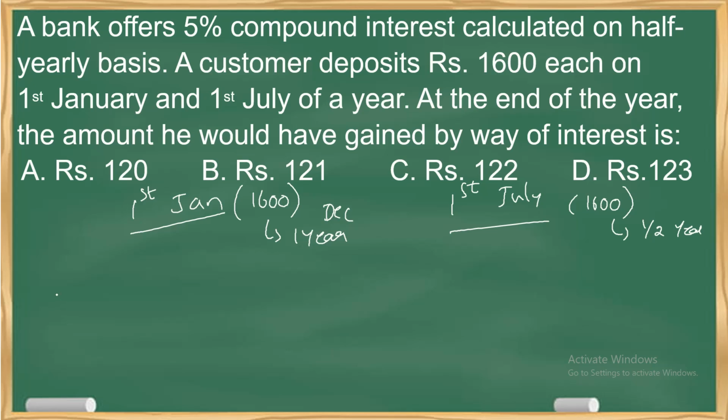So apply the formula here. A is equal to P. What is the P value here? 1,600 into 1 plus R by 2. Remember this, R by 2 by 100 whole power 2 into N. N is 1 year here. So how much will you get here? 1,600 and so this is 5, 20 times.